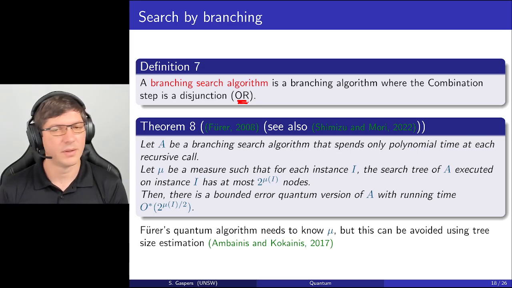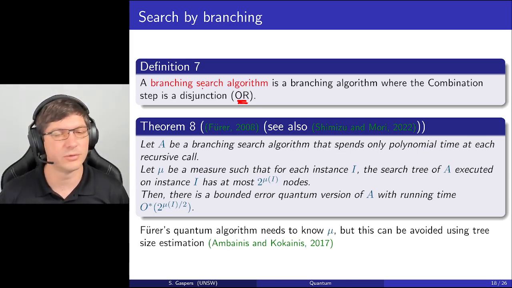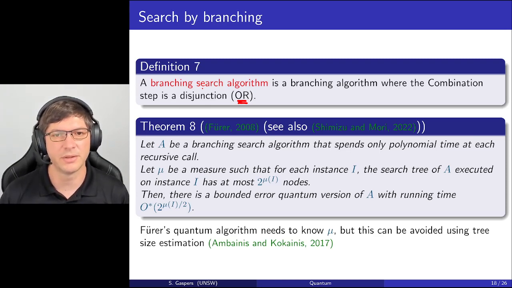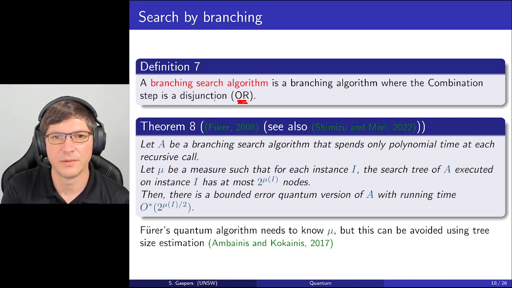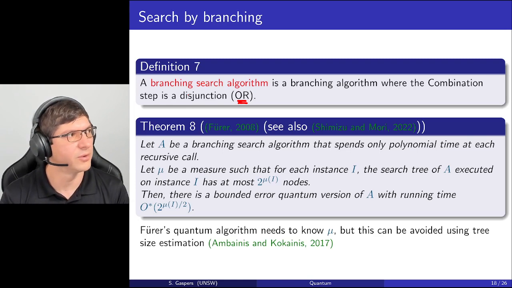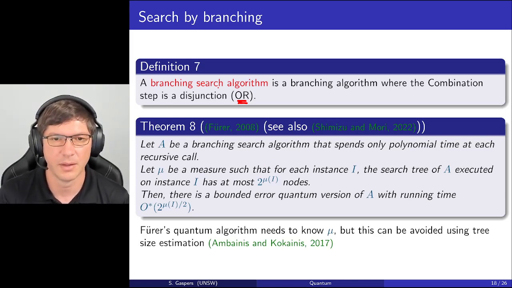So this is really a search problem, because we are looking for a solution, and if in at least one branch we found a solution, then we are happy and we get a solution overall. Since we have a disjunction here, we can encode having a solution as just returning yes. So this is really a search algorithm where we are looking for a solution.